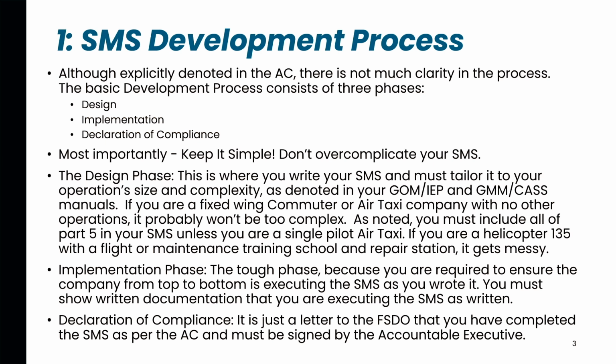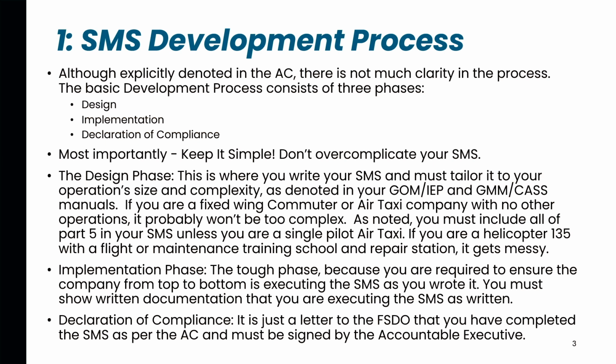All right, when you're reading the AC, advisory circular 120-92 Delta, I believe, there's some clarity, but there could be some more clarity on the development process. I put it in three phases: design, implementation, and declaration of compliance. The design and implementation phase is like a Venn diagram.